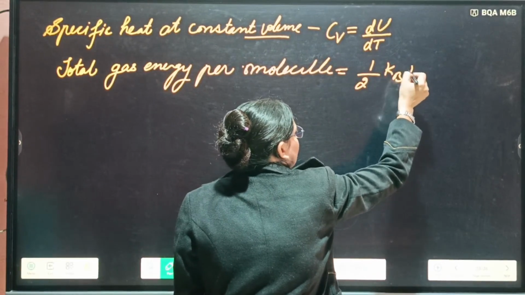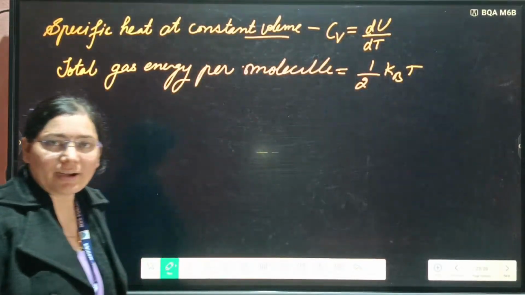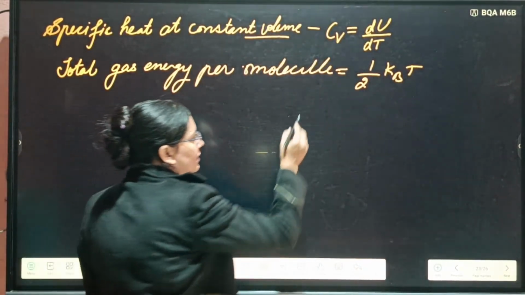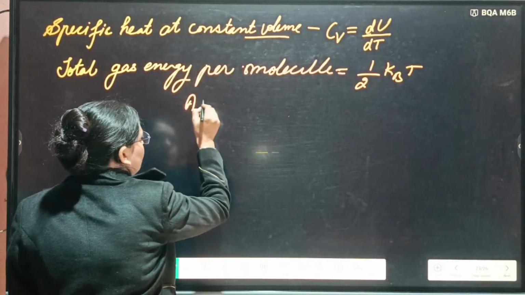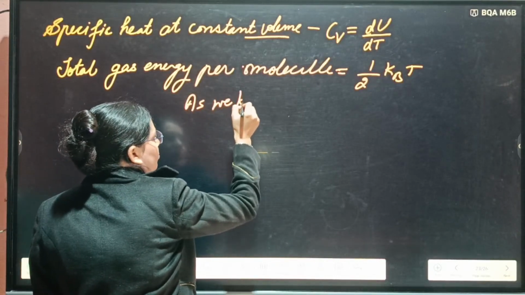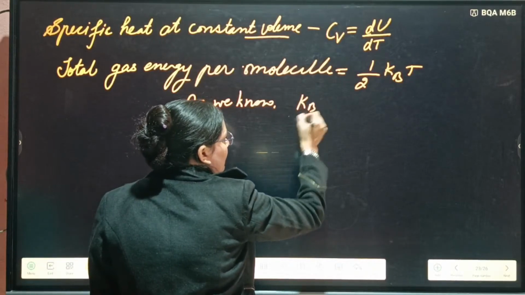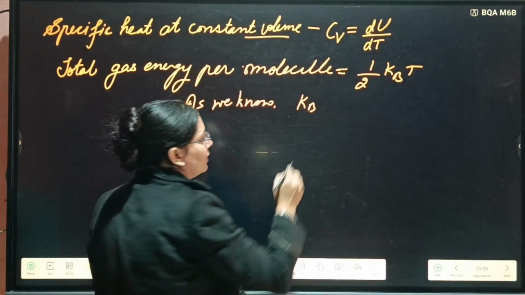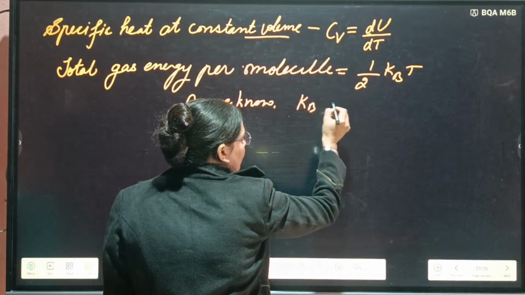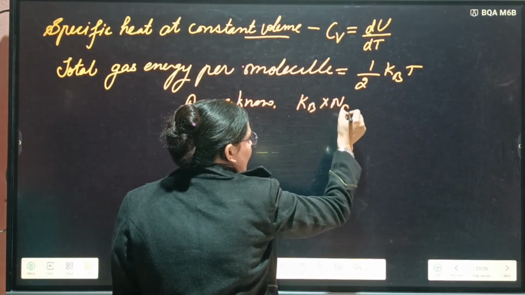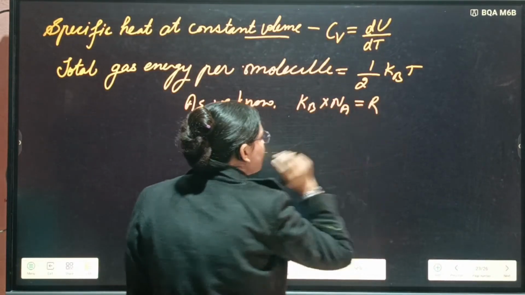We have done this already. And as we know, kB multiplied by the Avogadro number will give us R.